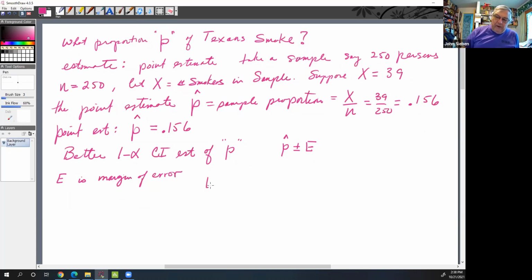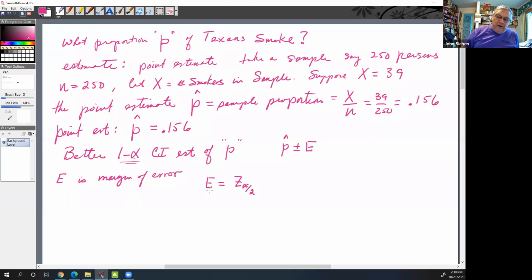And E has a relatively simple definition. It's a critical value under the Z curve, Z alpha by 2. Now this alpha is related to the confidence. The confidence is 1 minus alpha, and alpha can be calculated from the confidence.